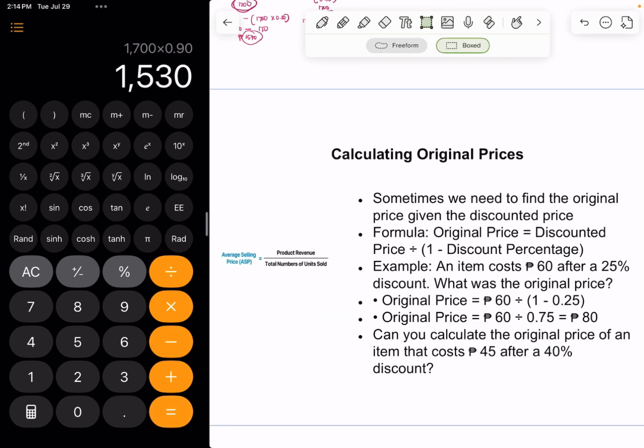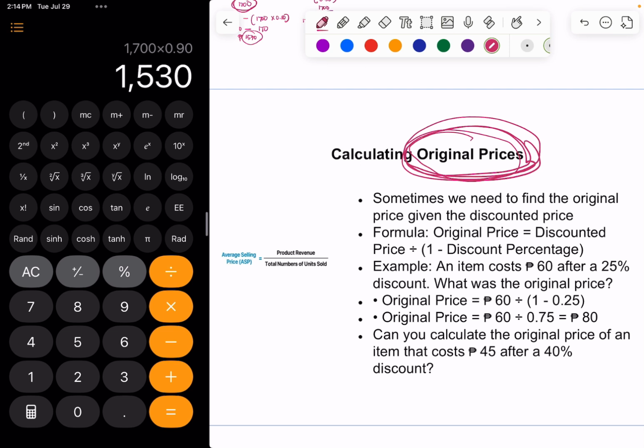So let's discuss about calculating original prices. Unsa man ni siya? Ang bag-o nga price, ibalik nato sa original nga price. So sa process ani, of course, we're going to use division.